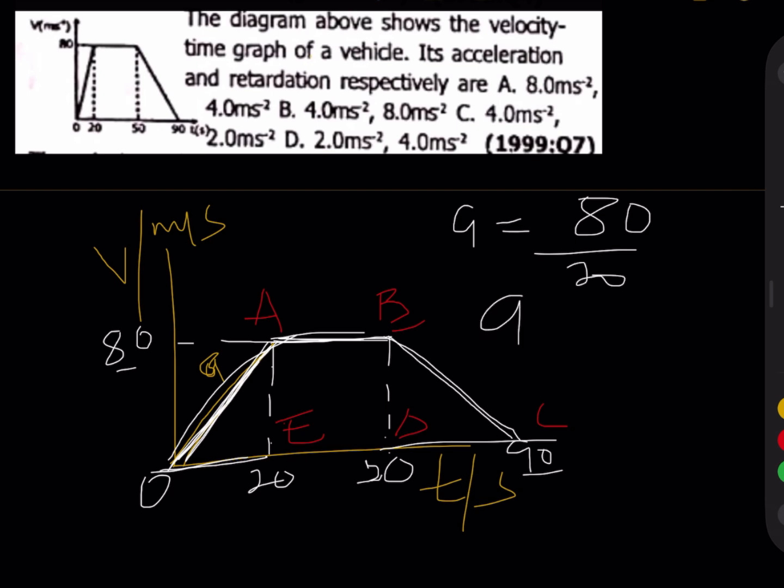So our acceleration is 80 divided by 20, which is 4 meters per second squared. So that is the acceleration of the vehicle.